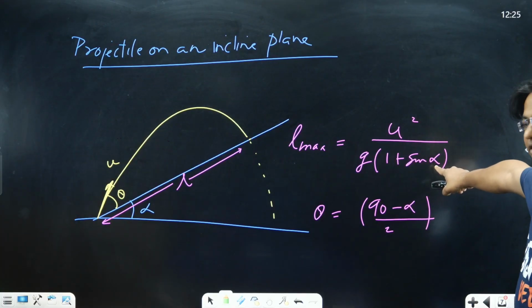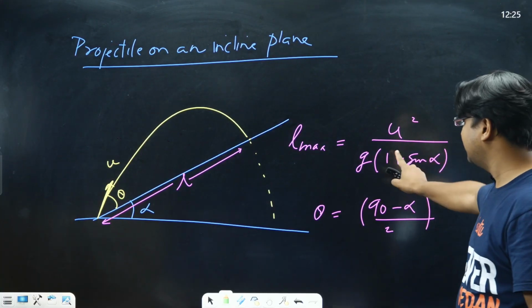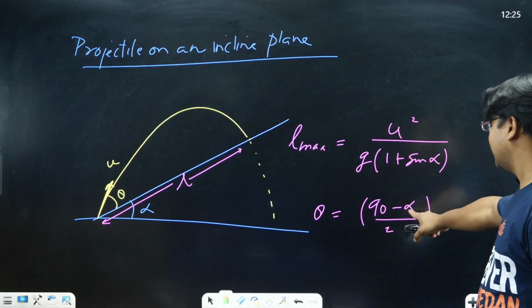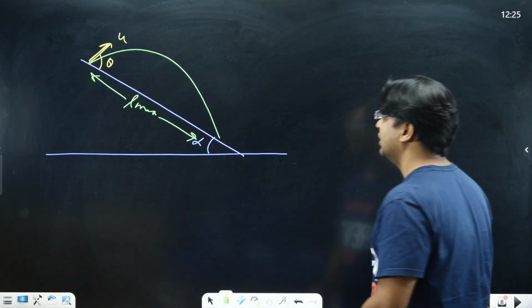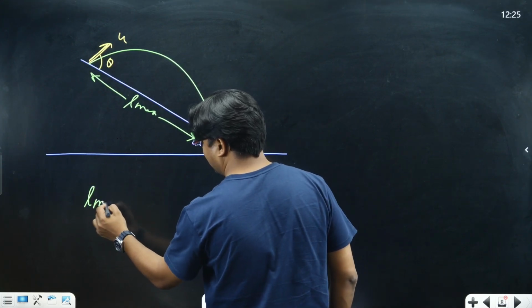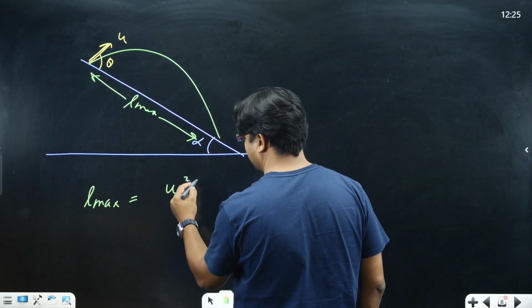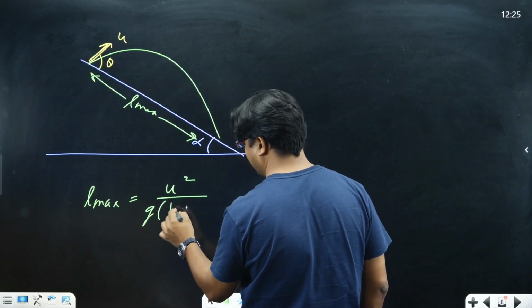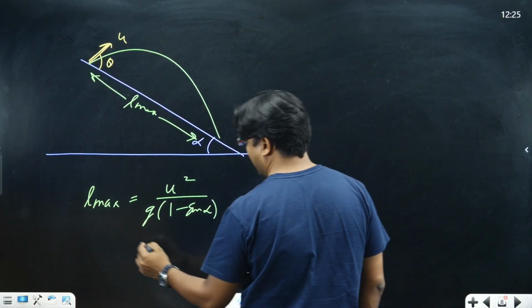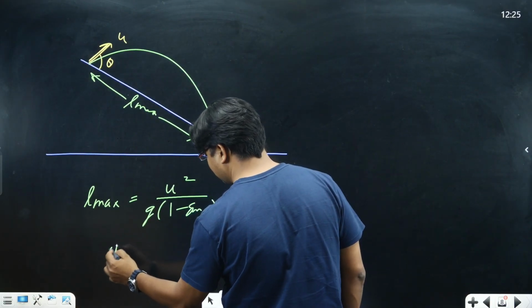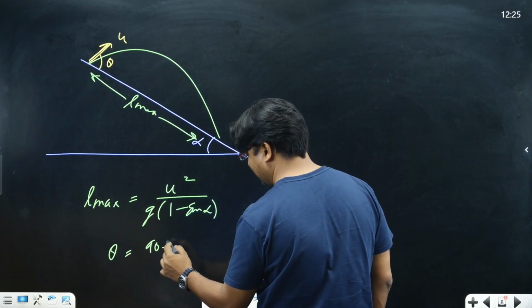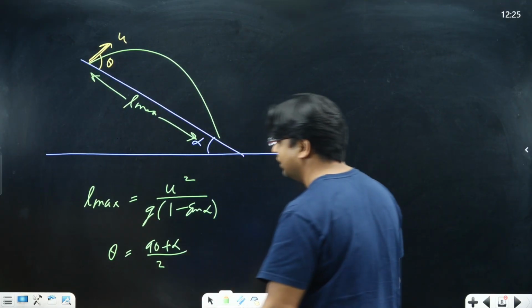If I change this alpha to minus alpha, it becomes 1 minus sine alpha, and here it becomes (90 plus alpha) by 2. So the corresponding results are that L max is equal to u square by g into (1 minus sine alpha), and theta will be equal to (90 plus alpha) by 2. So these will be the results.